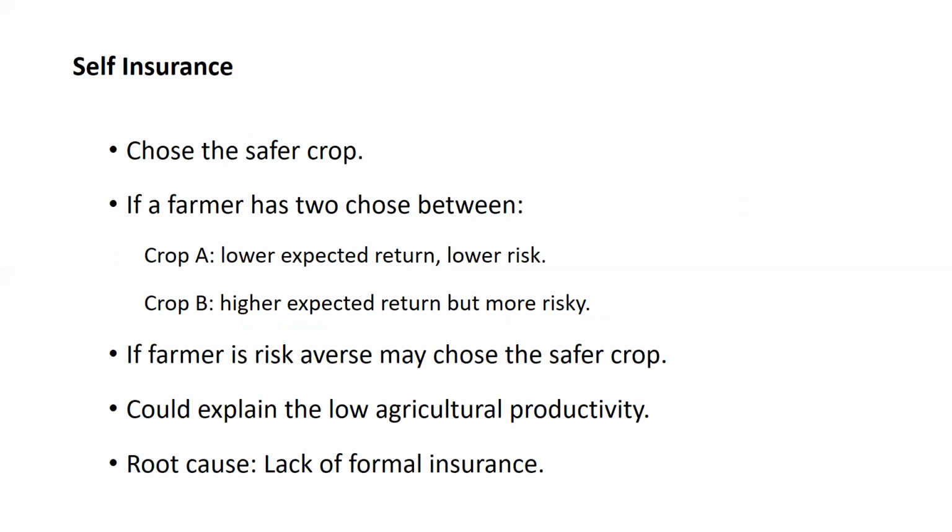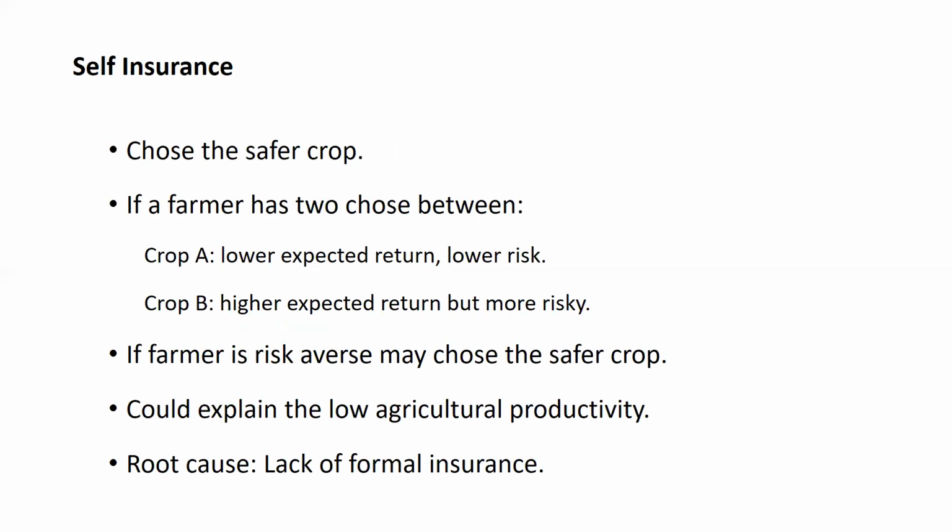One way in which you can do that is simply by choosing a safer crop. You may have a low expected return, low risk crop, and then another crop that is more risky, but if it works out well, you can sell it for more money. If you're risk averse, you are going to stick to the traditional safe crop, and this may explain lower productivity. This is an important point.